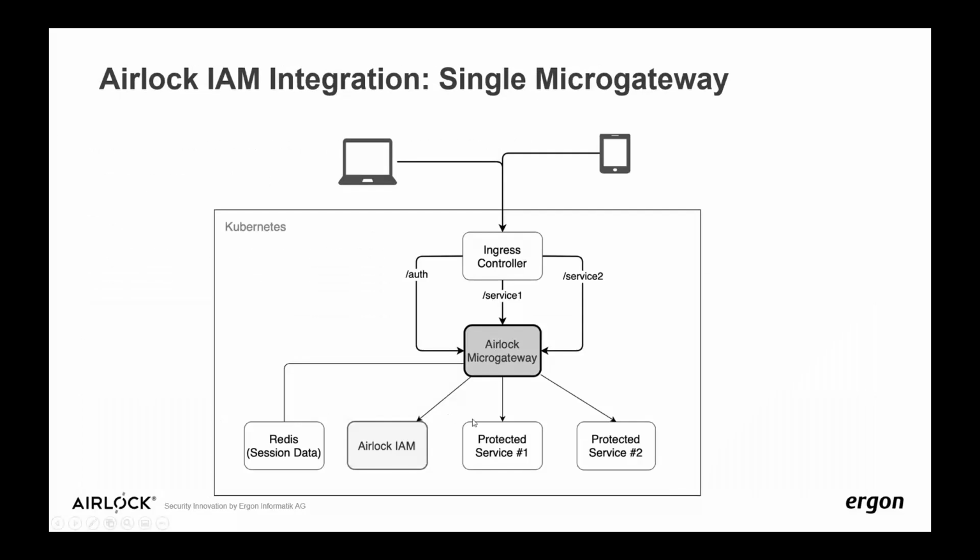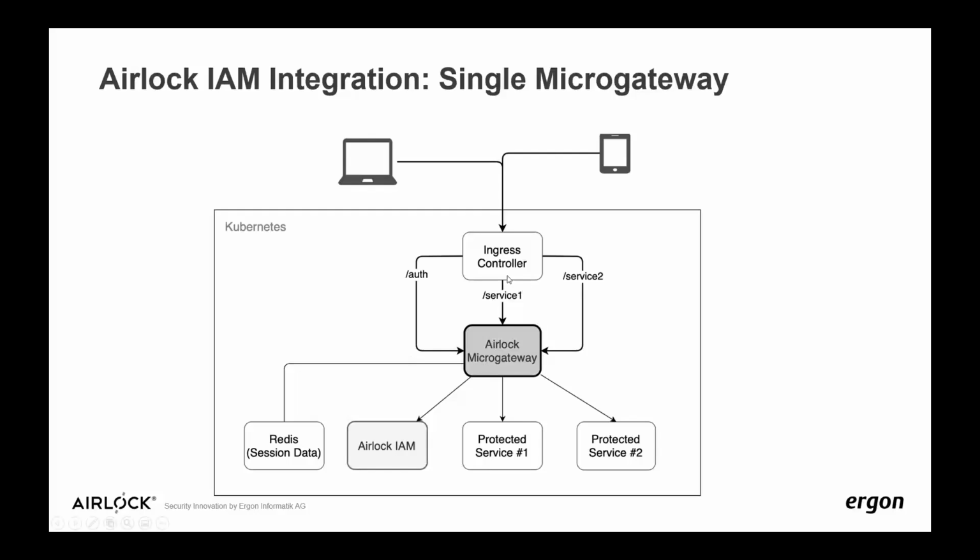So in a single container approach, you would have multiple mappings and multiple backend groups behind the Airlock Microgateway. The Airlock Microgateway, of course, needs a Redis database or container for the session data, which is running and holding the state of the sessions.